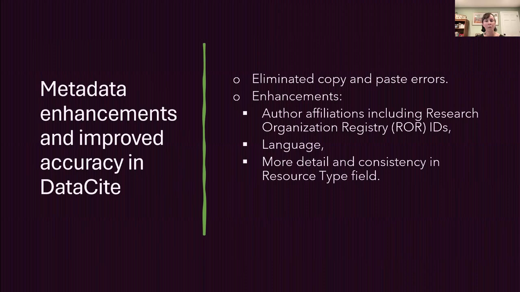Each record now includes the institution affiliation for our authors and the language of the resource. In the resource type field, the data entered is now more consistent, no human errors, and more descriptive. For example, items that were previously identified as a dissertation now also have a more specific resource type, doctoral dissertation or master's thesis.